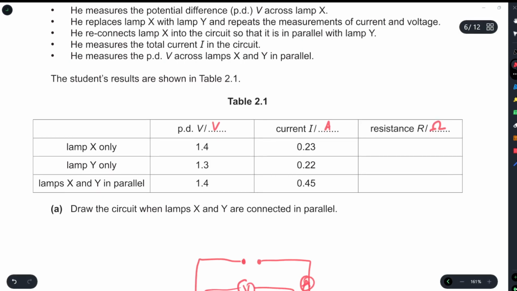All right. So अब resistance निकालना है. Resistance निकालने के लिए what are we going to do? So again, you're going to use a calculator. Lamp X only 1.4 divided by 0.23. All right.